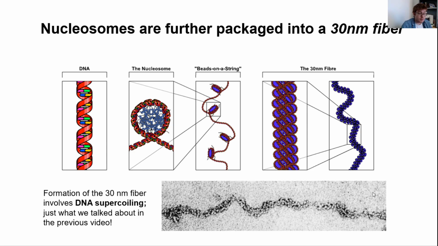And that fiber involves a combination of supercoiling like we talked about in the previous lecture, as well as DNA-protein interactions and protein-protein interactions that help the structure adopt this configuration. And so already we've gone from these fully extended structures to wrapped around nucleosome structures that are becoming more compact. And then once we take those nucleosomes and we start to stack them on top of one another, now we're really starting to get this structure much smaller in size than it previously was.